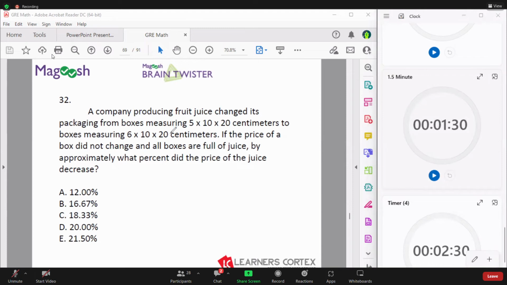So it's given that the company had this as the measurement and it changed its length from 5 to 6.